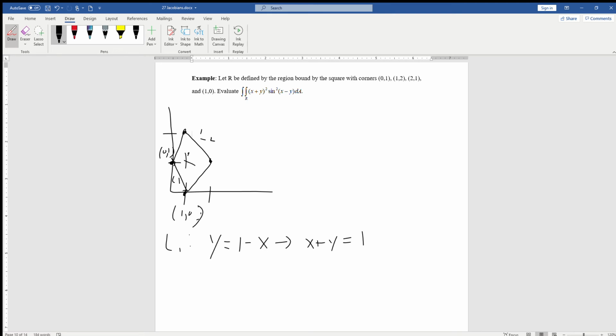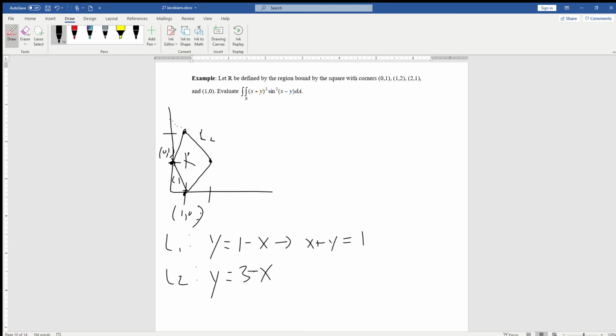Let's call this one line 2. We could do the exact same thing, and if we were to evaluate that one, we could extrapolate this and find that the intercept is going to be 3. I know for my graph it's not that good. So that equation would be y equals 3 minus x.